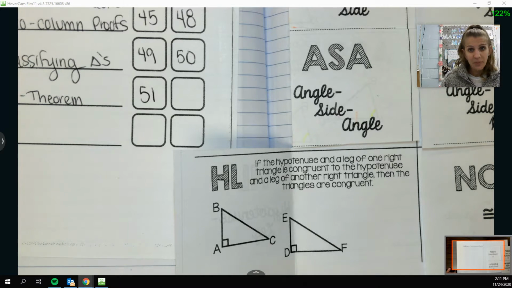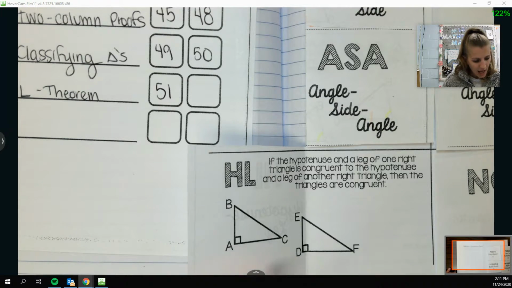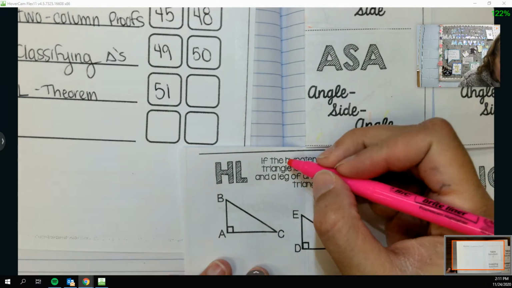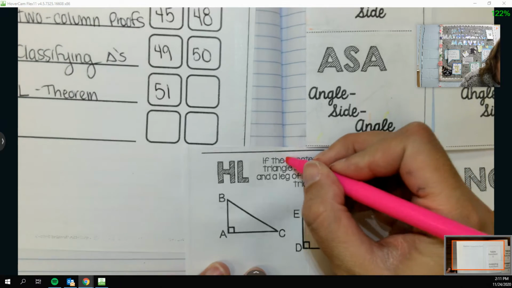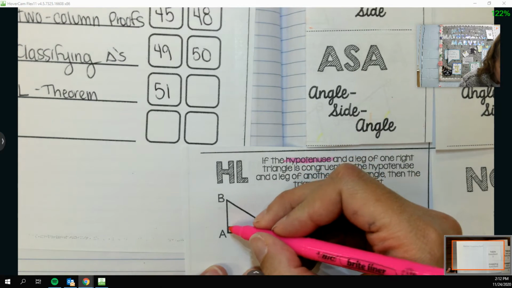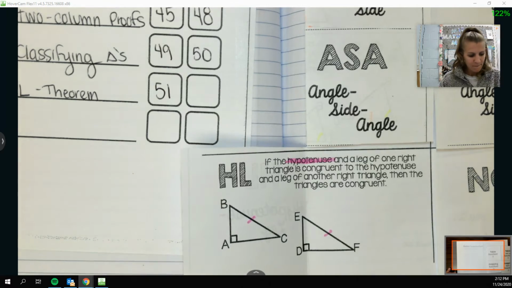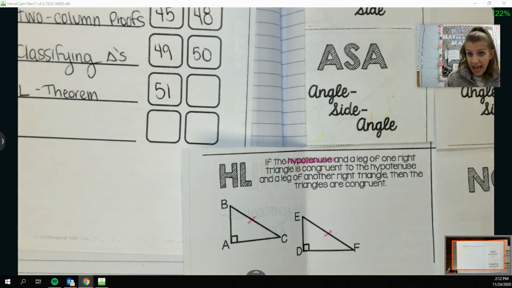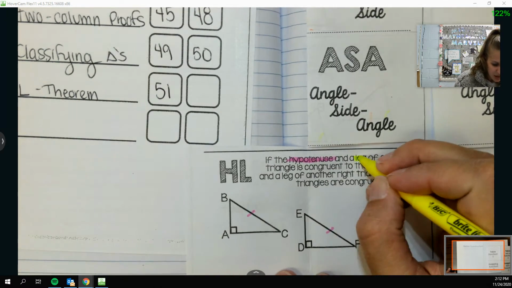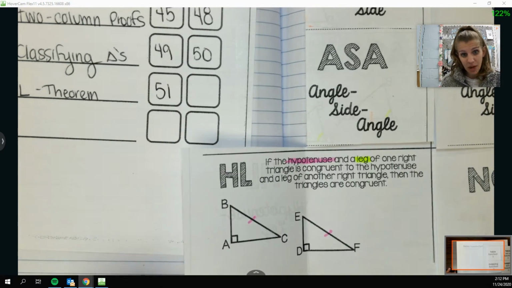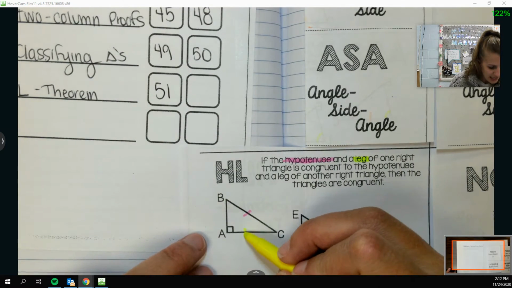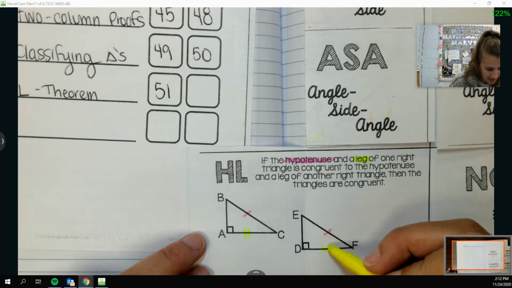So if we go through and mark what we have congruent here, we needed that the hypotenuses were congruent, which are the sides opposite your 90. We need a leg to be congruent and the same leg on both. So if I go with AC on the bottom here, I'd have to go with DF on the bottom there.